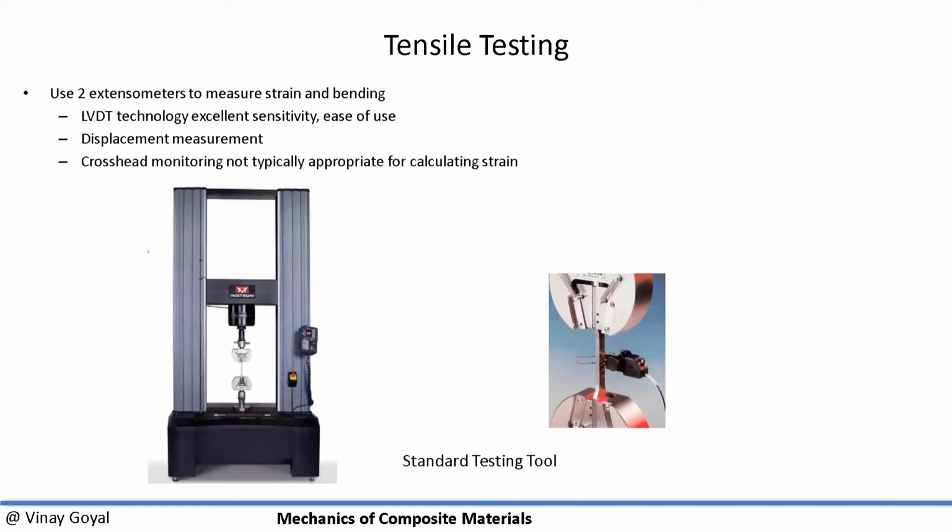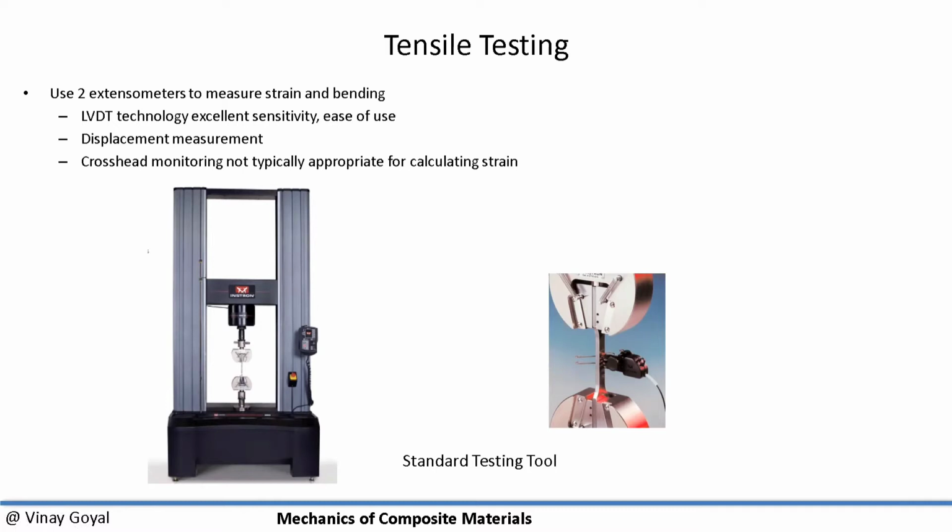The tensile test typically is going to have two extensometers to measure strain and bending. We typically use LVDT technology, which is excellent. Displacement measurements are done, and the crosshead monitoring is not typically appropriate for calculating strain, because you have some compliance from the fixture around it. So that's why you want to use an LVDT gauge there, to measure what is going on in terms of deflections.